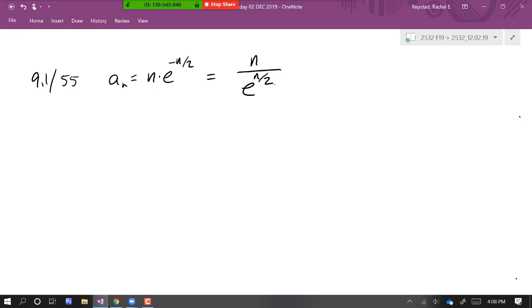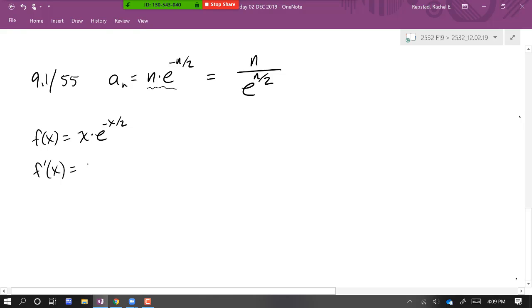Maybe it'll be easier to use this form. If we look at the continuous function, we could find the derivative and see if that's always negative. So f prime would be e to the negative x over 2 times 1 plus x times e to the minus x over 2 times a negative 1/2.